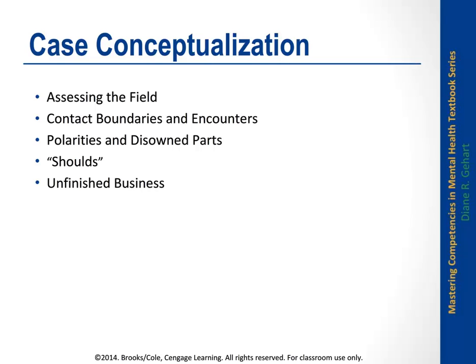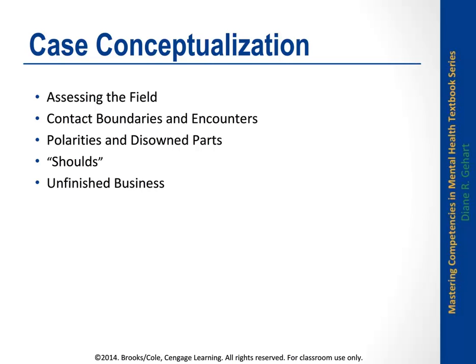So assessing the field is about identifying what is in consciousness and what is the background or the field for that also. They also look very closely at what they call contact boundaries.